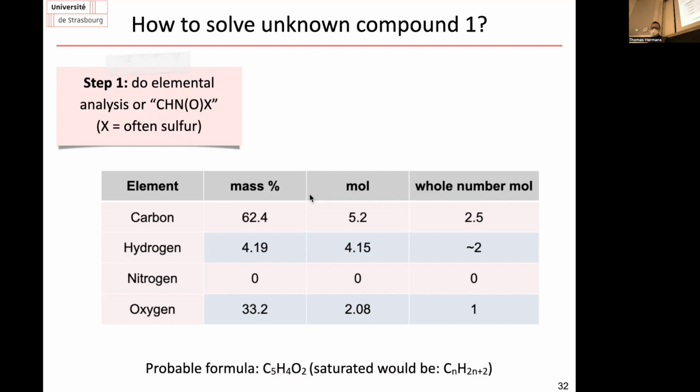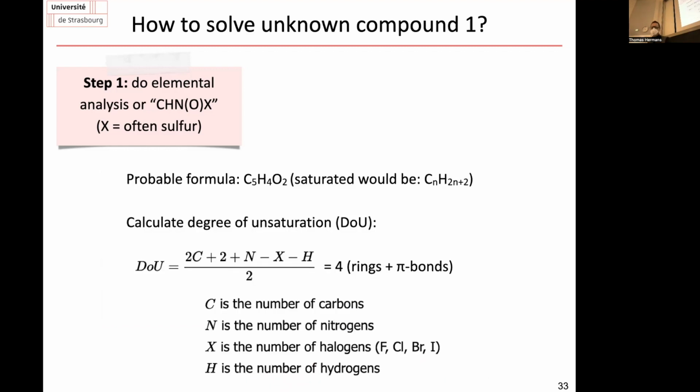No, it's not. If you have an alkane, then the number of hydrogens should always be 2n plus 2, right? Clearly, 2n plus 2 would be 12, and we have 4. So clearly, there's something unsaturated. And you can calculate what's called the degree of unsaturation.